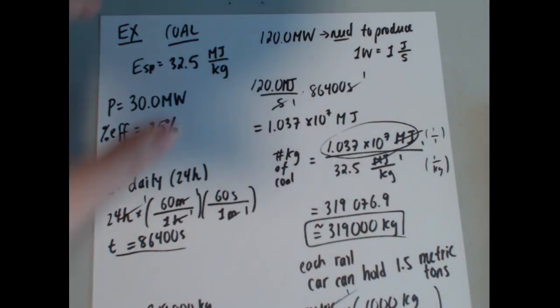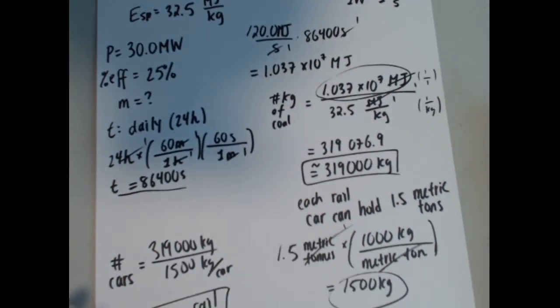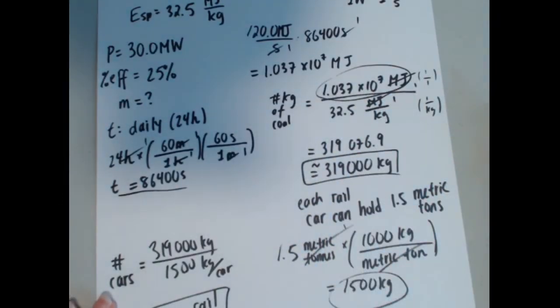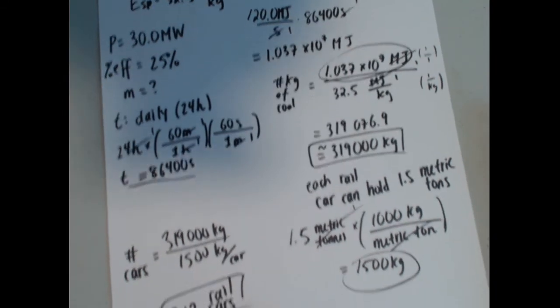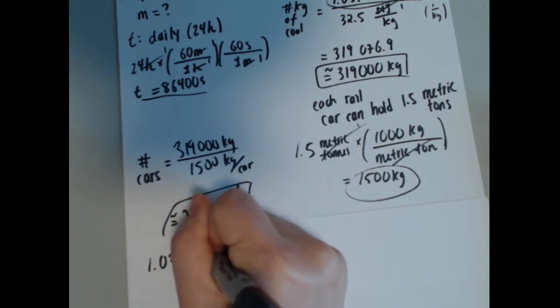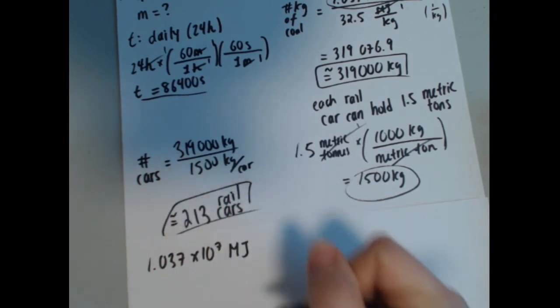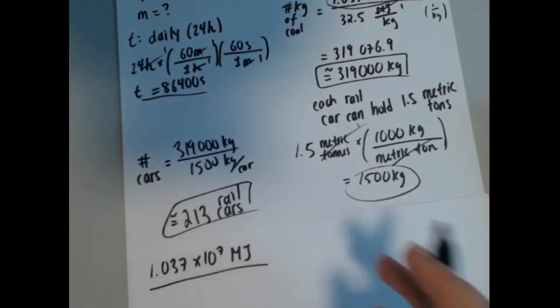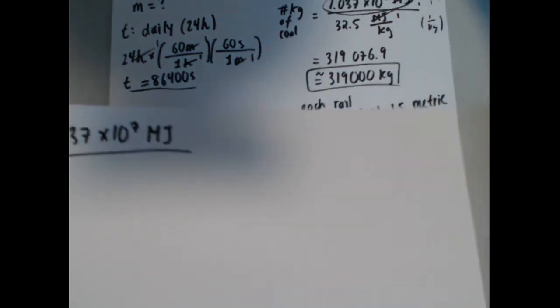So we need 1.037 times 10 to the 7 megajoules of energy. And for nuclear fuel, from the table, it's 90 million megajoules per kilogram.